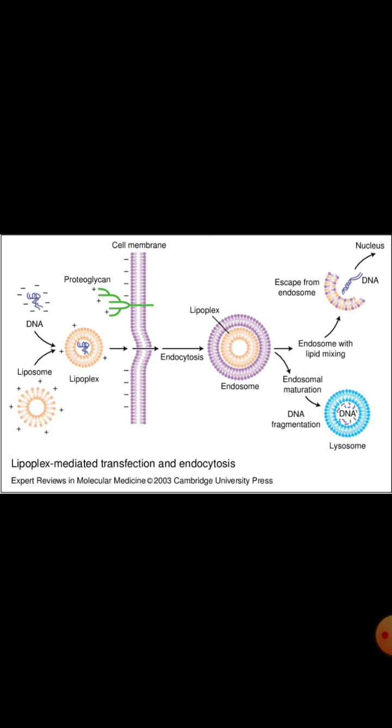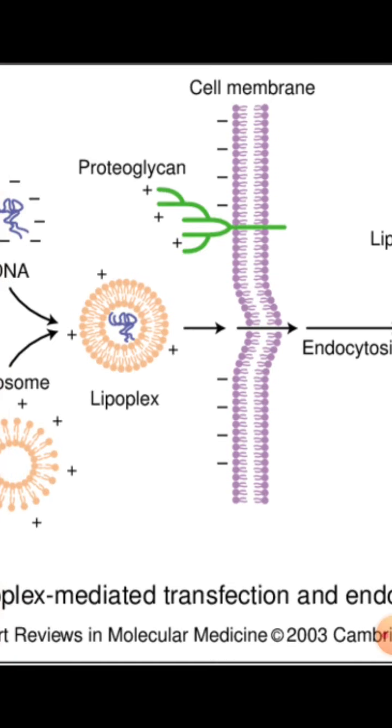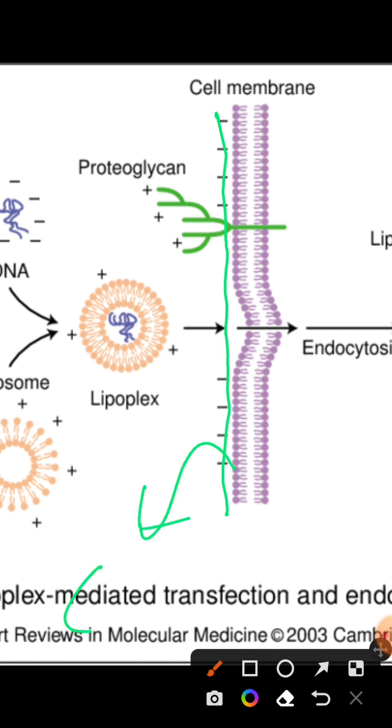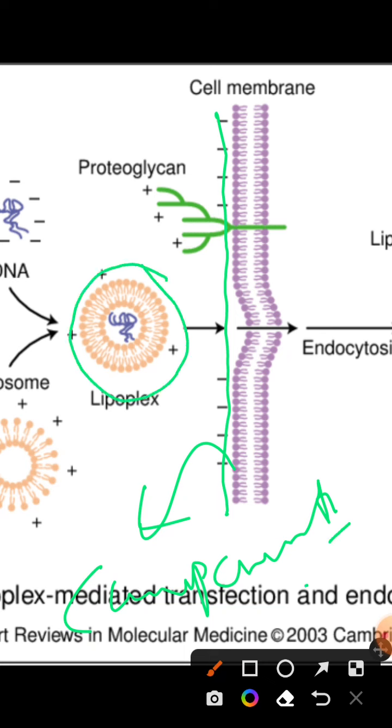Now there is another problem that we are going to face: target specific transfer of genes cannot be performed very specifically with lipoplex mediated transformation. Why? Because most cell membranes, we all know, are made up of the same components, and the lipoplex is itself made up of a bilayer.